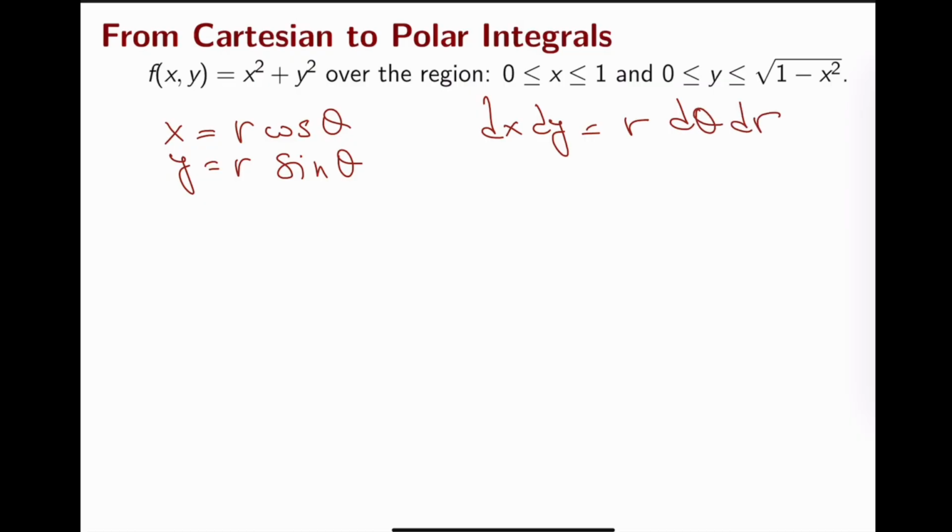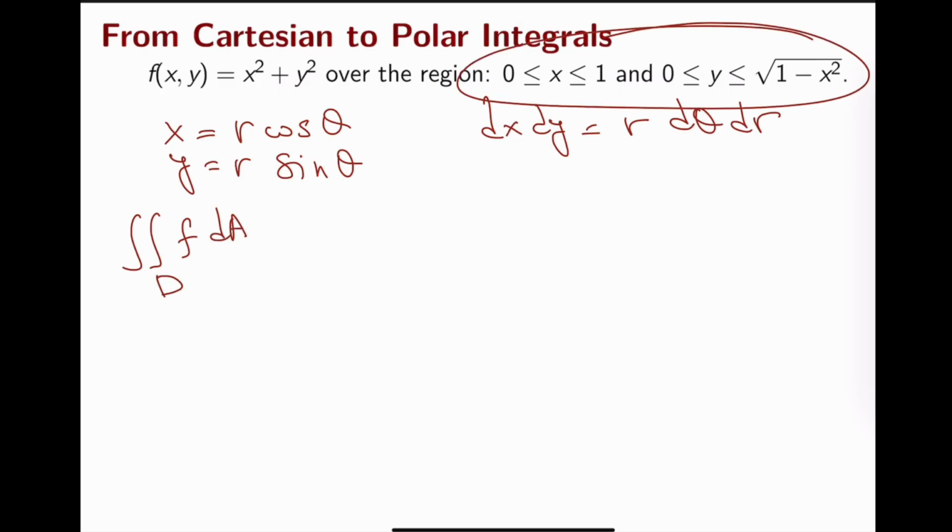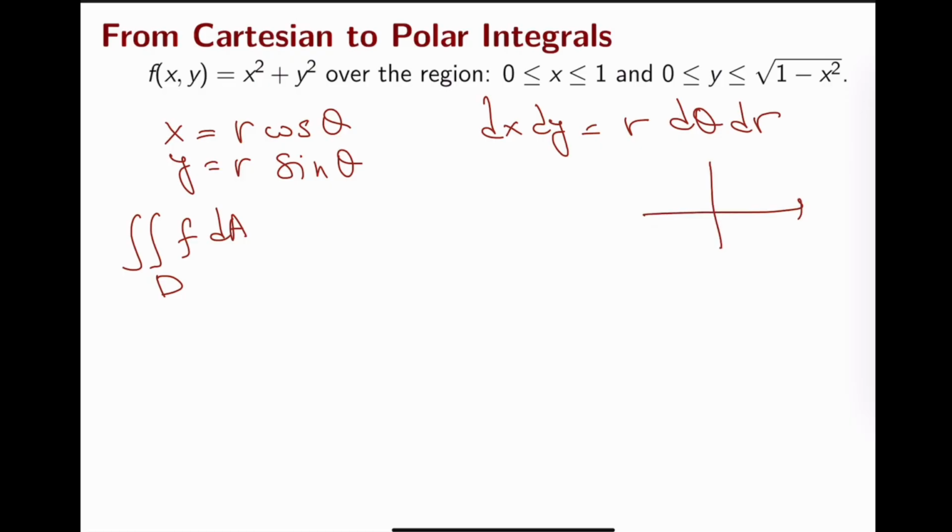Okay, so in order to calculate the double integral of f dA over the domain described like this, observe that in this domain, x goes between 0 and 1, and y goes between 0 and the upper part of the circle. And so this is the domain that we need to describe now in polars.